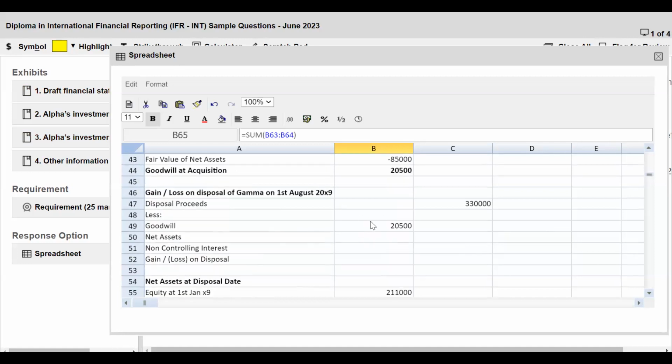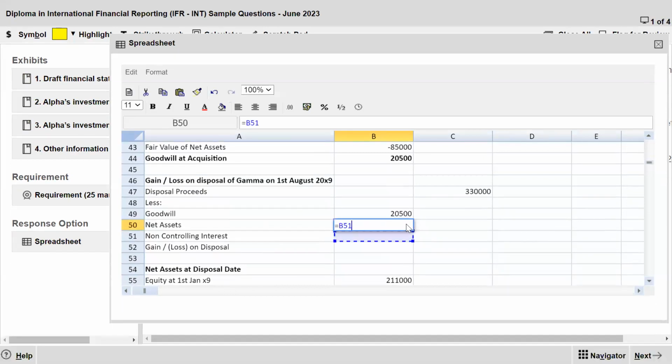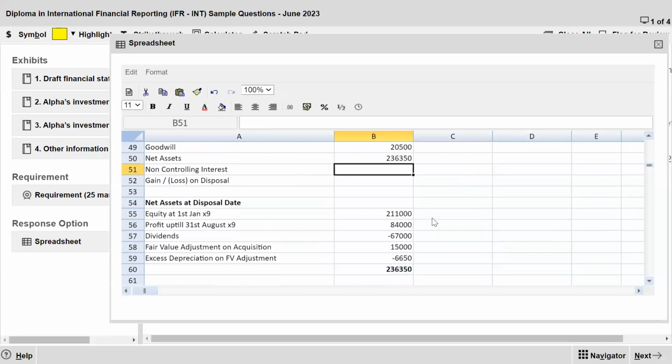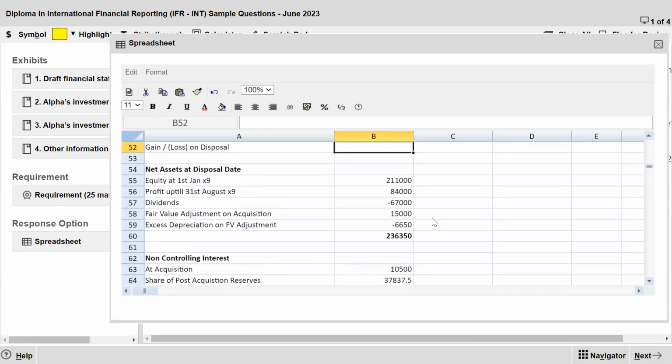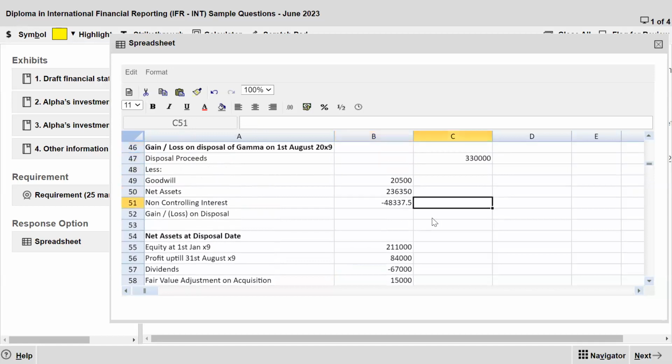Now what next is there? So basically, we had this goodwill, we had this net assets. The non-controlling interest has to be shown as a negative figure. So basically, this is the sum of what we had capitalized.